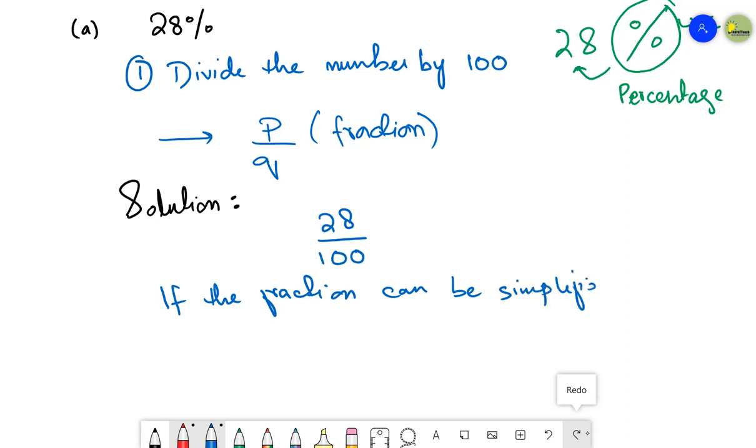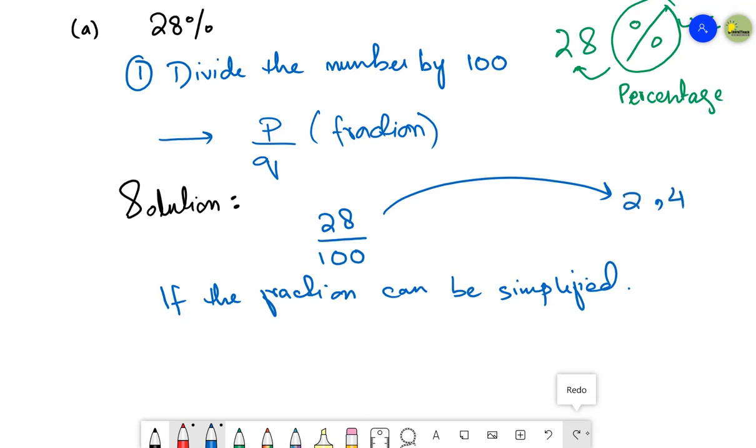We look at both the numbers, the numerator and the denominator. In the numerator you have 28 and in the denominator you have 100. We need to see whether both numbers can be cancelled by any common factor. If we talk about 28 and 100, definitely both numbers can be divided by 2 or by 4.